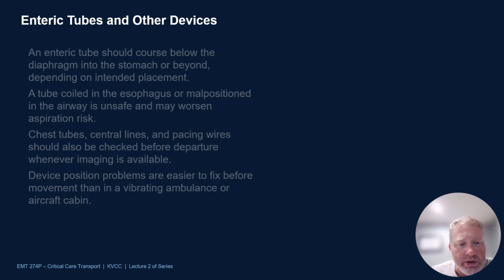Always check your chest tubes, any central lines, any pacing wires, all of those things before departure if you can, whenever imaging is available, to make sure that the patient is as stable as they can be before you set off to your destination.